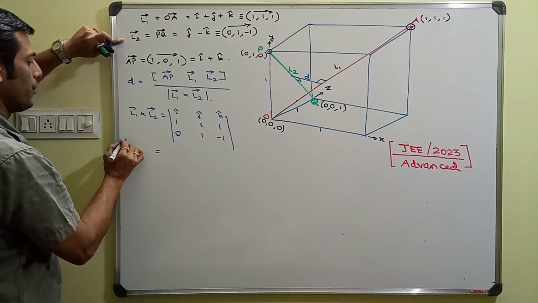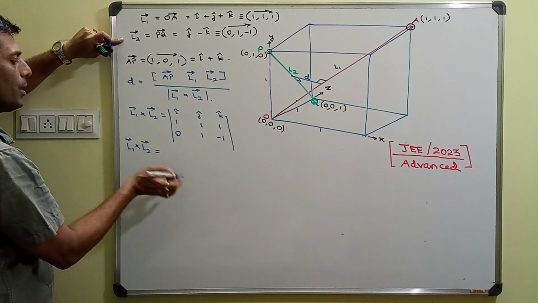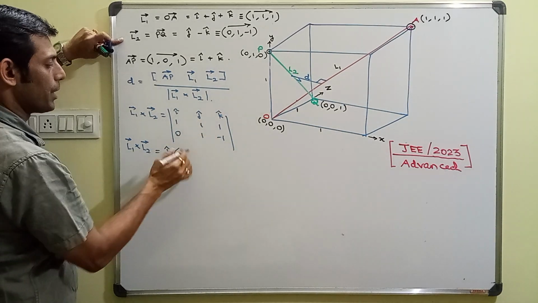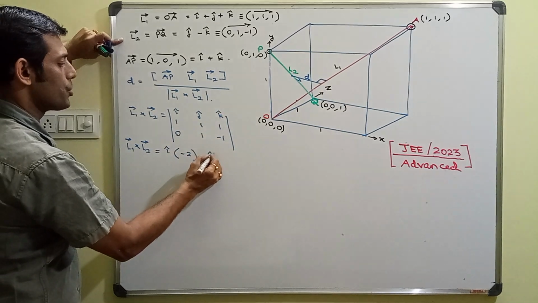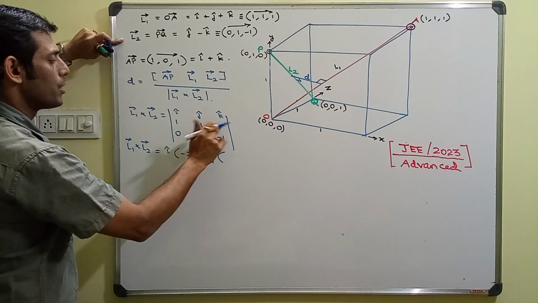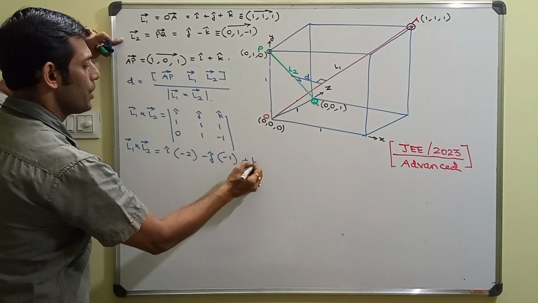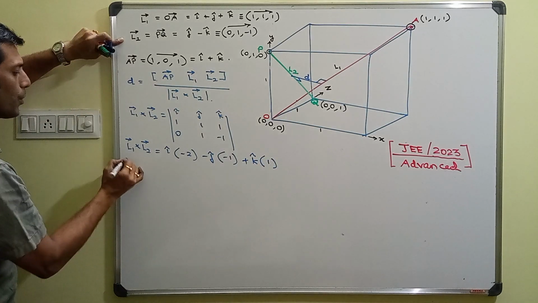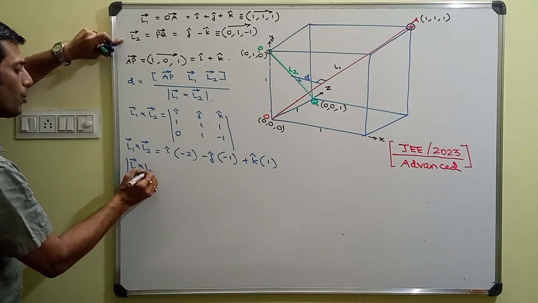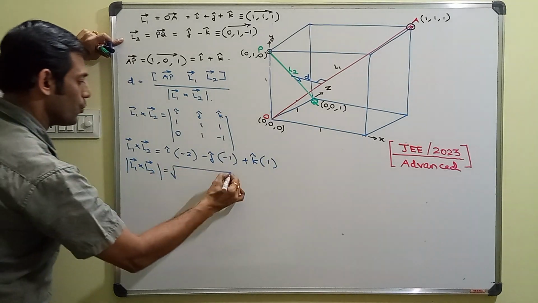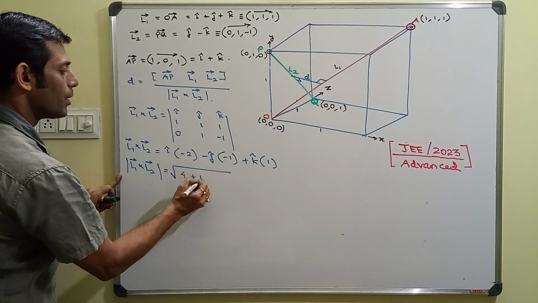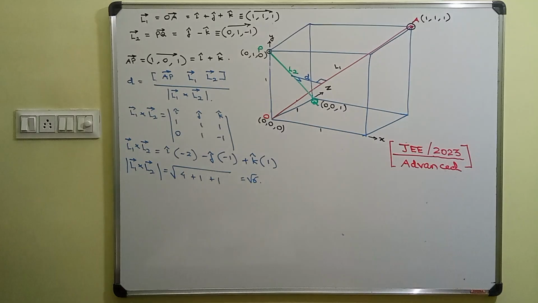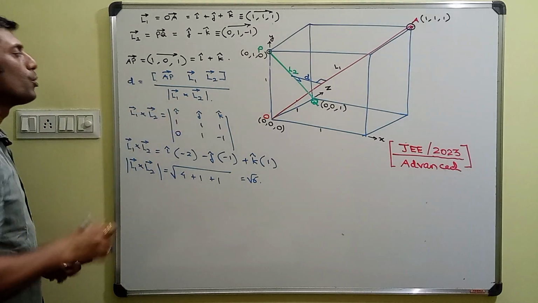So therefore, L1 cross L2 is equal to i cap into minus 1 minus 1, it's a minus 2, minus j cap into minus 1 minus 0, so it's a minus 1, plus k cap into 1 minus 0, which is 1. So therefore, the magnitude of L1 cross L2 shall be the root of 4 plus 1 plus 1, it's going to be root 6. So the denominator is going to be root 6.